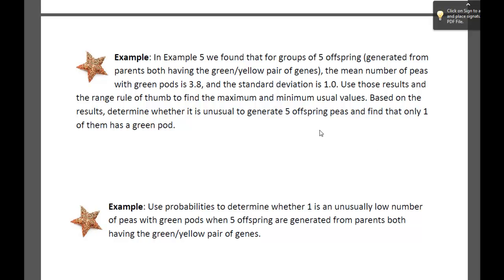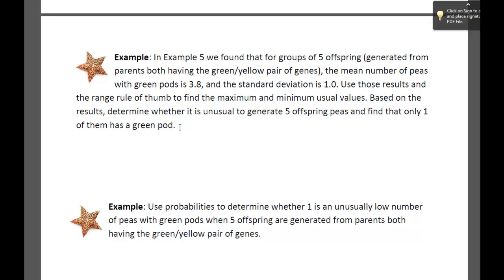All right, so let's see what we have. In example 5, we found that for groups of 5 offspring generated from parents both having the green-yellow pair of genes, the mean number of peas with green pods is 3.8 and the standard deviation is 1. Use those results in the range rule of thumb to find the maximum and minimum usual values.